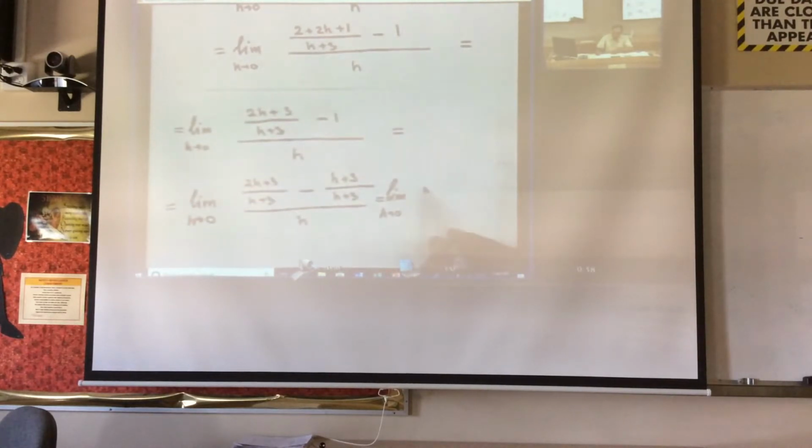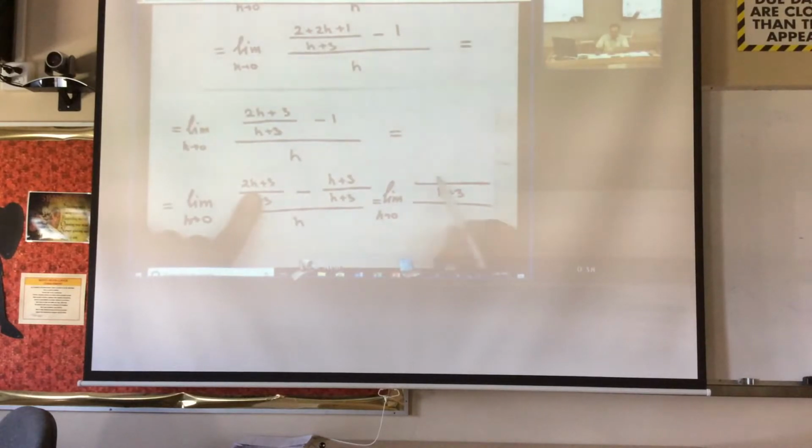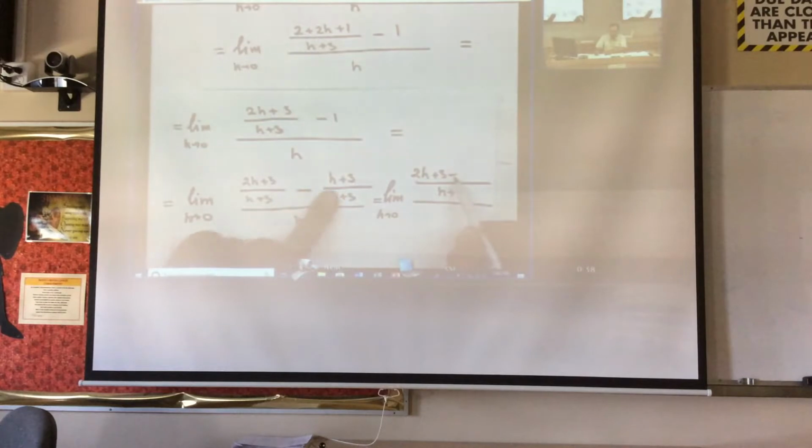So, when we put this together, over h plus 3, what do we get on the top? I can just write the whole thing. 2h plus 3, then minus what? h, and minus 3.